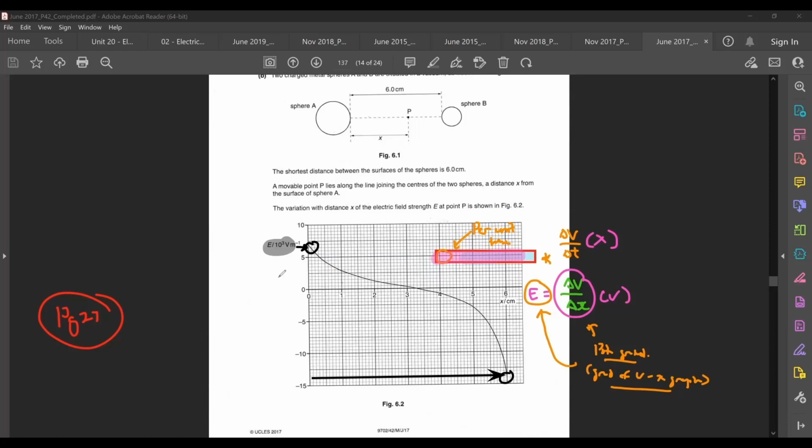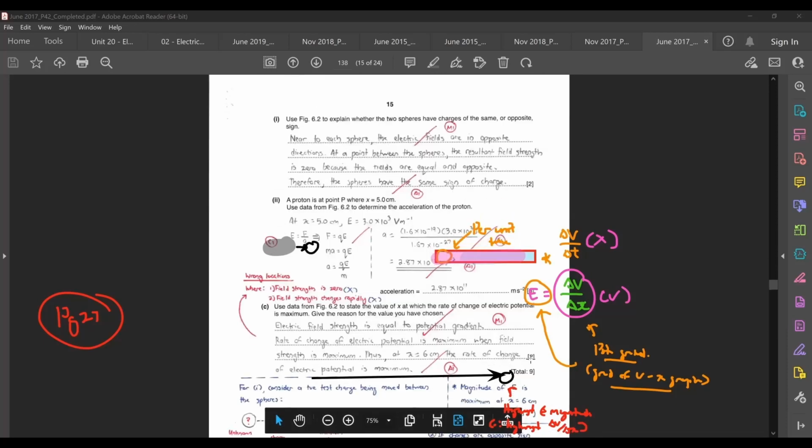You don't bother about the negative sign, you just look at the magnitude. This part here is where you have the highest E magnitude, therefore highest delta V over delta x. Okay, that's how you would do this question.